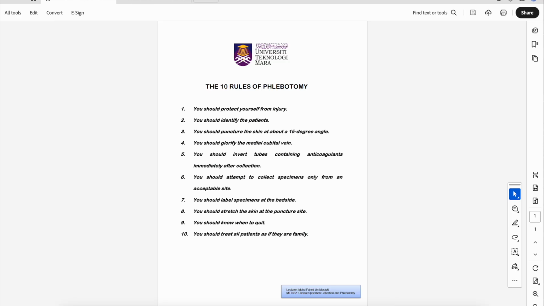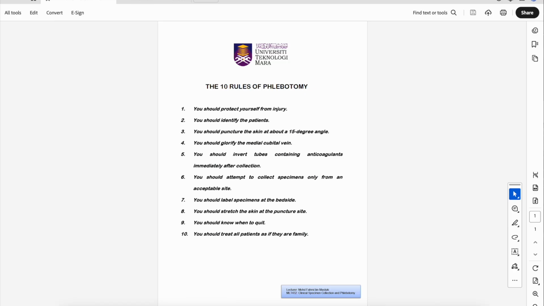As future MLT professionals, you will be responsible for collecting thousands of blood specimens throughout your career. The techniques and principles we discuss today will form the foundation of your phlebotomy practice and directly impact patient care outcomes.